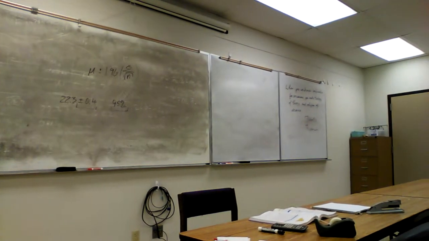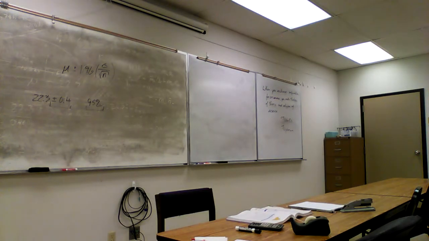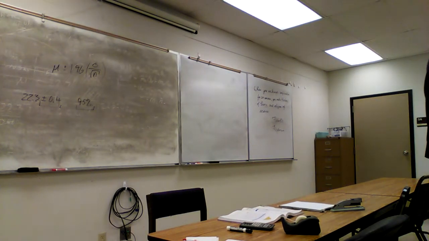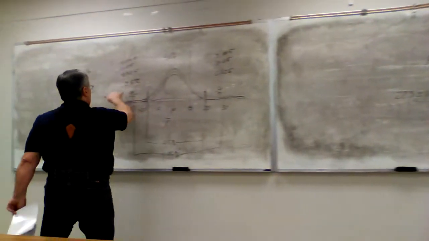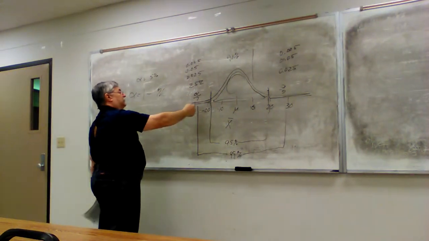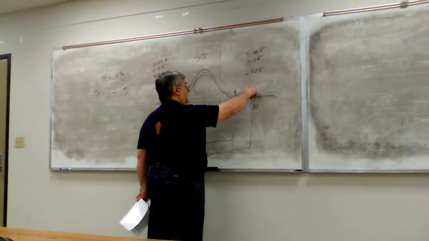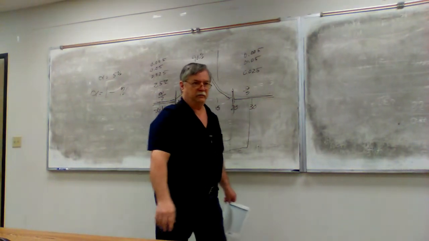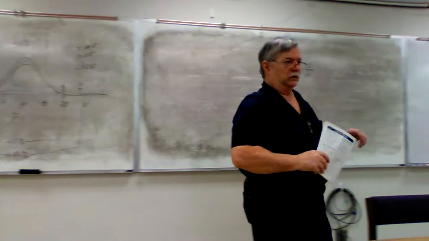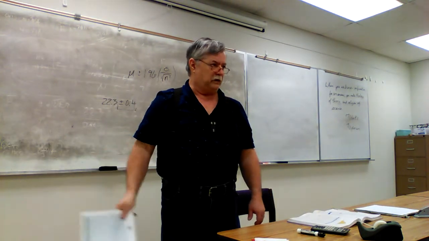Minus 1.96. And if that is our alpha over 2 here is minus 1.96, then plus 1.96 and above is the other 2.5%, because the standard normal distribution is perfectly symmetrical.